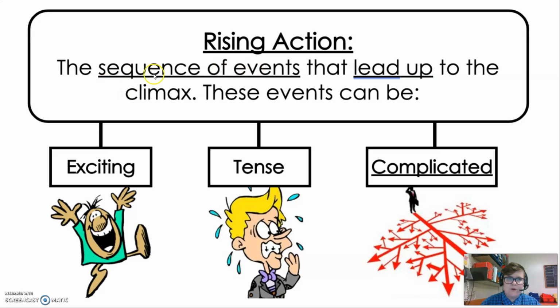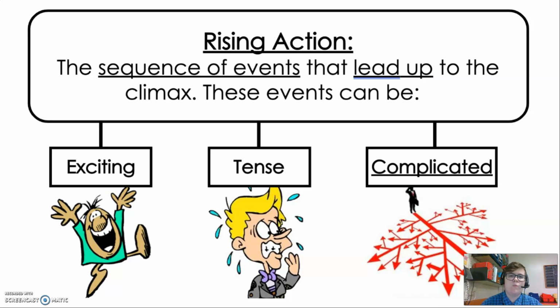Sequence of events, this word, sequence, all that means is all of the things that happen in a certain order. So for example, every day you have a schedule that you follow, right? And if it's a day 1, a day 2, a day 3, you have a different sequence of classes that you go to.